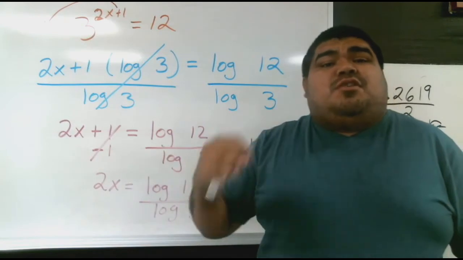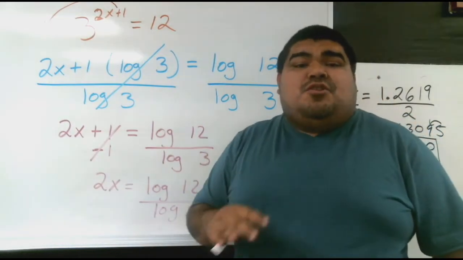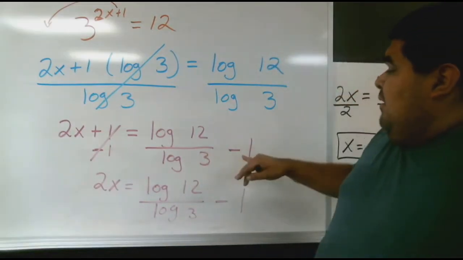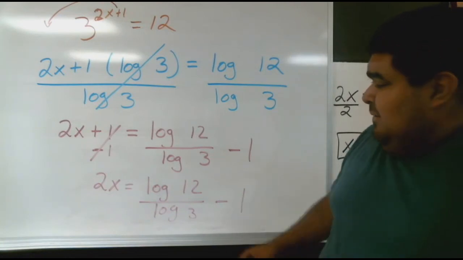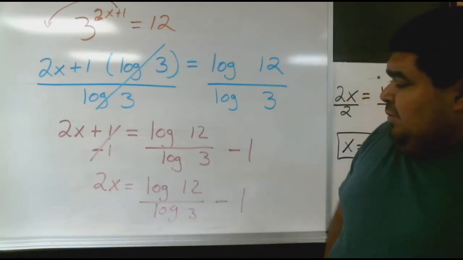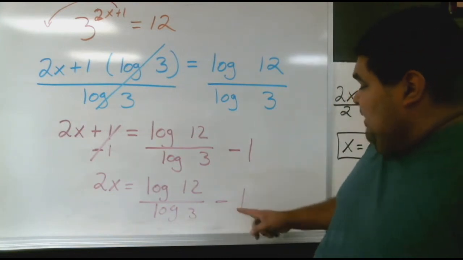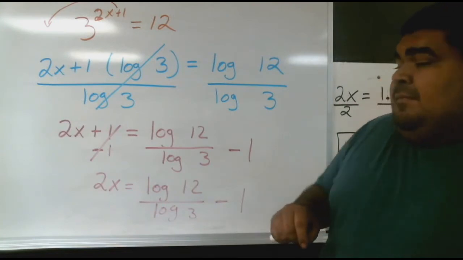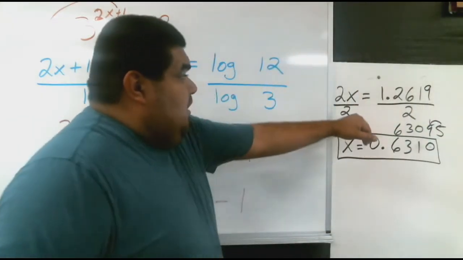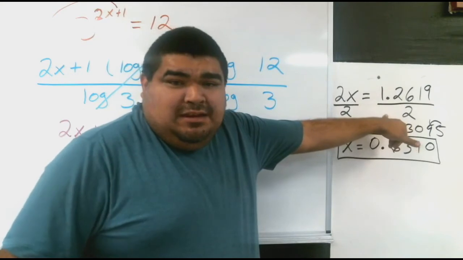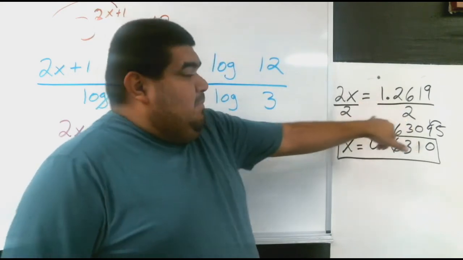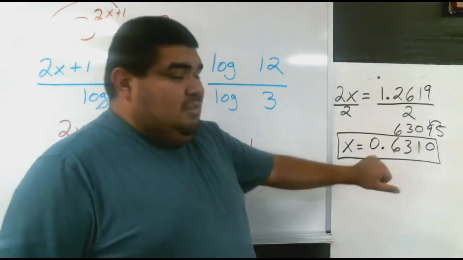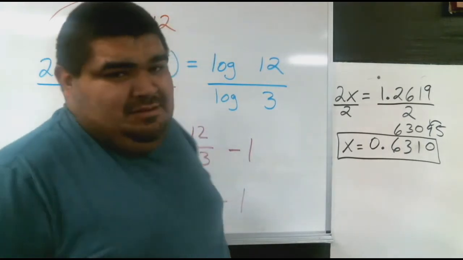Remember, always move your constants first, before your numbers with variables. Since we moved our constant, we have a new equation, 2x equals log of 12 divided by log of 3 minus 1. Notice that the minus 1 is subtracted from the whole thing. And then once we plugged it in, we got 1.2619 when we rounded it. Then we divided by 2. So our answer is x equals 0.6310.